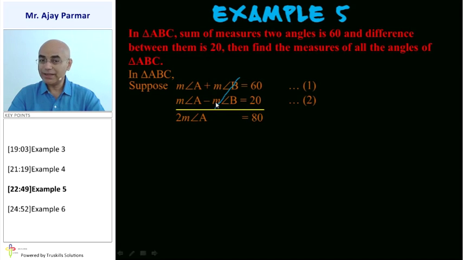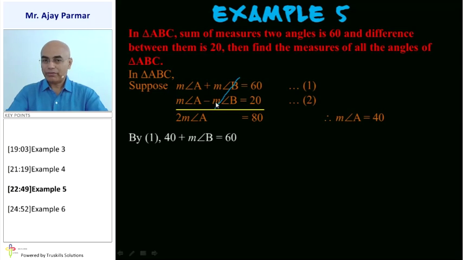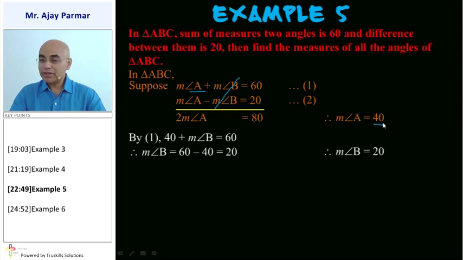So 2 measure angle A is 80, means measure angle A is going to be 40. Now by number 1, let us substitute in place of A as 40. So 40 plus measure angle B is 60. So measure angle B is 60 minus 40, that is 20. So we found out measure angle B as 20.